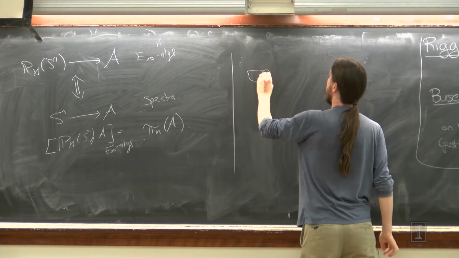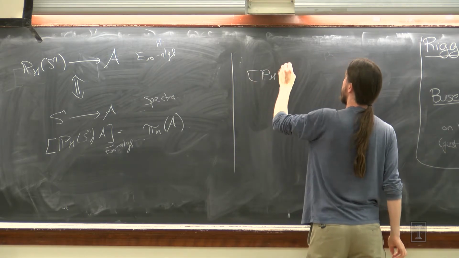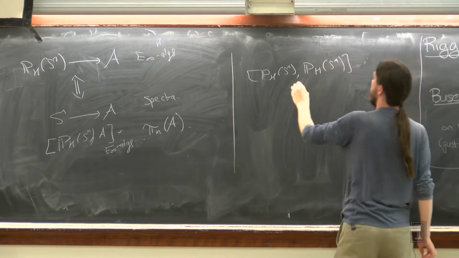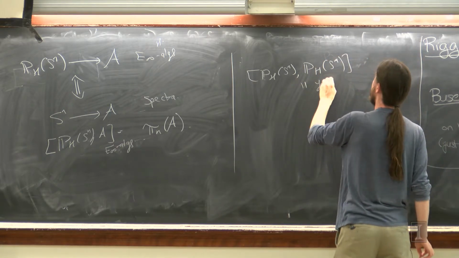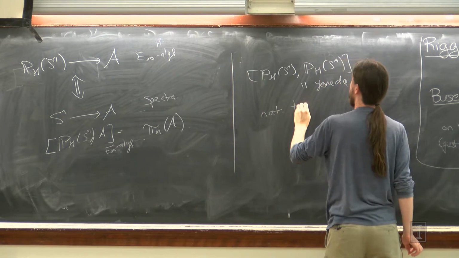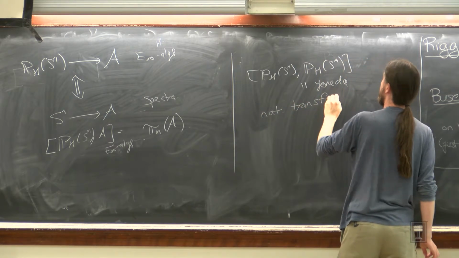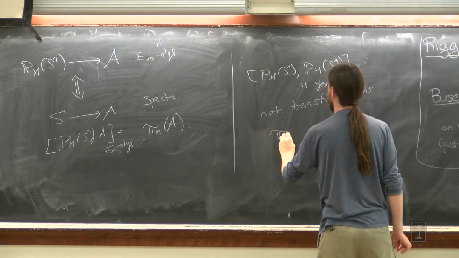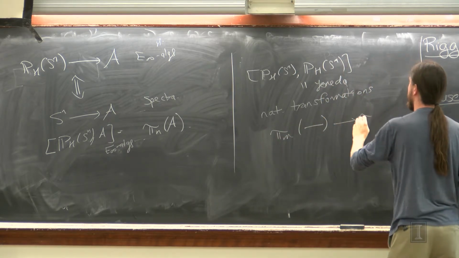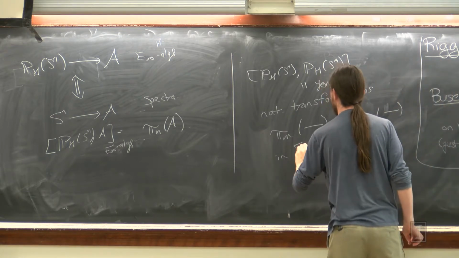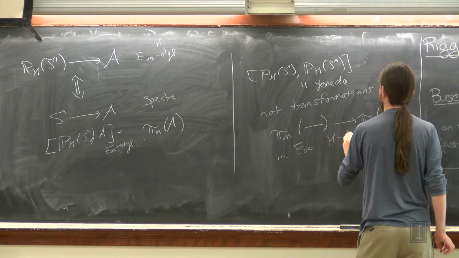So homotopy classes of maps from the free algebra on Sn to the free algebra on Sm is equal, by the Yoneda lemma, to the natural transformations from pi m of blank to pi n of blank in E-infinity H algebras.